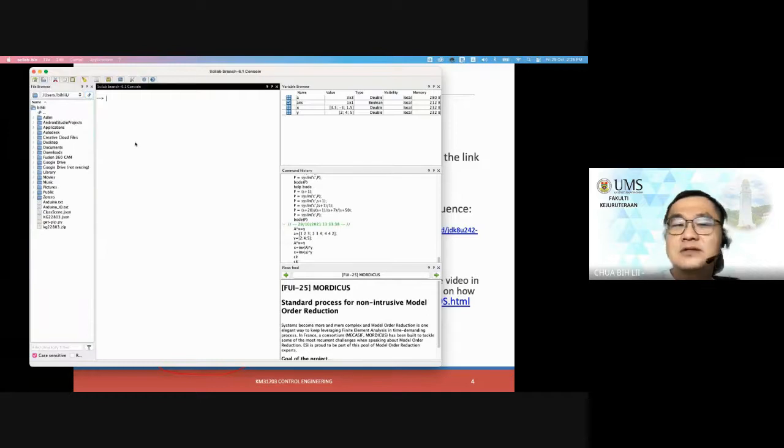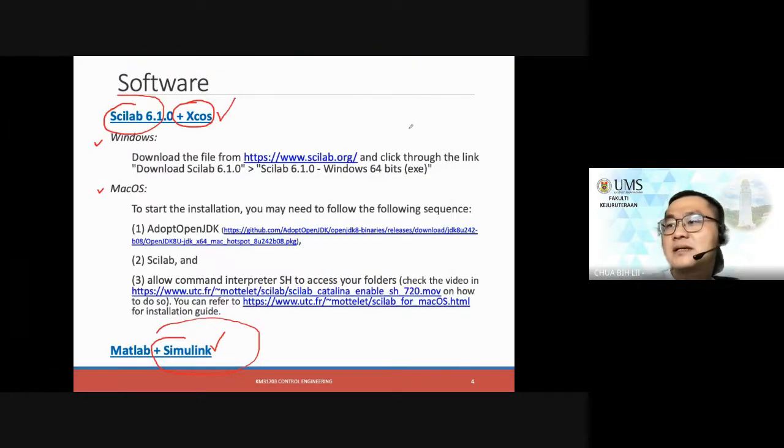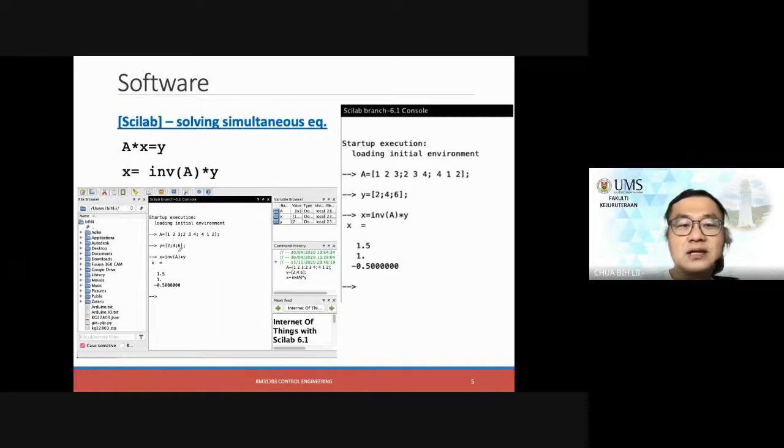Okay, so next would be a quick tutorial on how to use this software itself. One reason why we would like to use this software is to solve simultaneous equations.